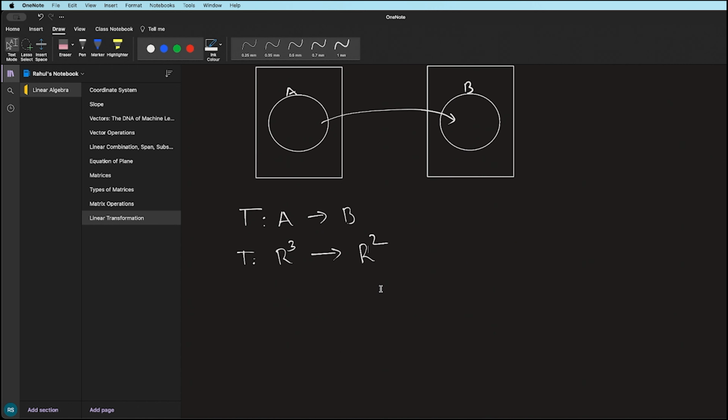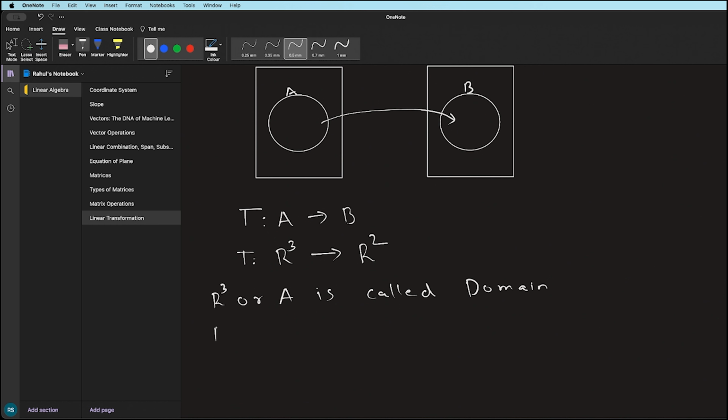Now, I can say that this R3 space, or the subset A, is called the domain. So this means all the possible vectors, either in the subset A or in the R3 space, that you are giving as input, which will be mapped to this subset B or the R2 space.